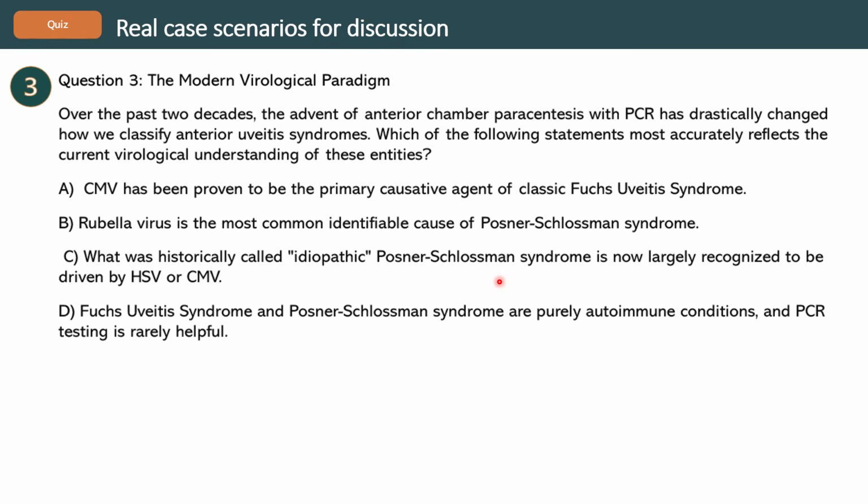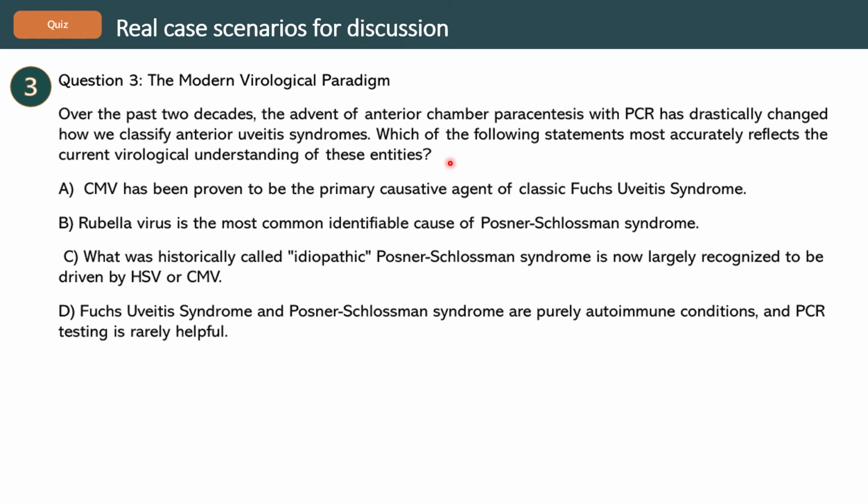Now the last scenario: over the past two decades, the advent of anterior paracentesis with PCR has drastically changed how we classify anterior uveitis syndromes. Which of the following statements most accurately reflects the current virological understanding of these entities?